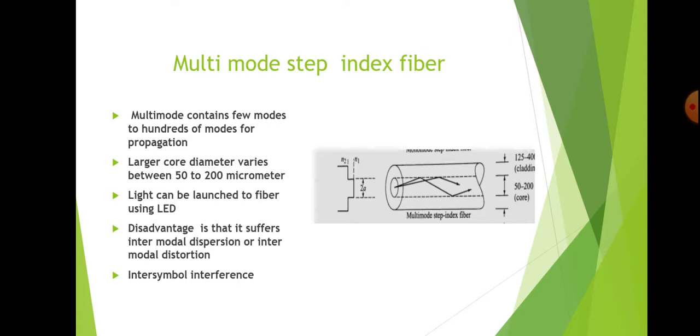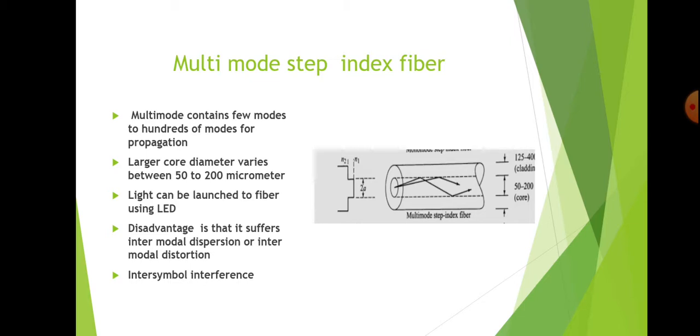This effect is known as intermodal dispersion or intermodal distortion. And this effect can be reduced by using a graded index profile in the fiber core. So the intermodal dispersion can be reduced by implementing a graded index profile in the multimode fiber.